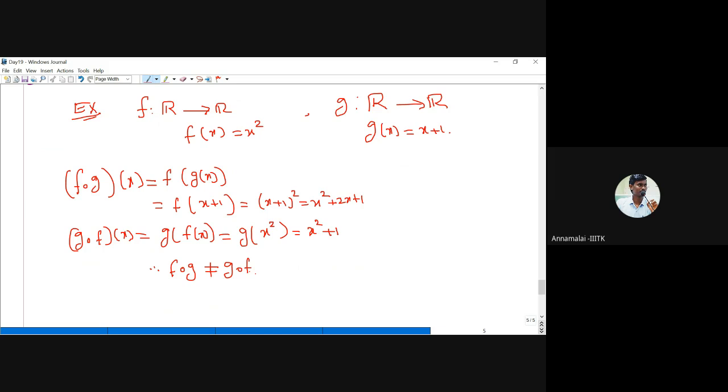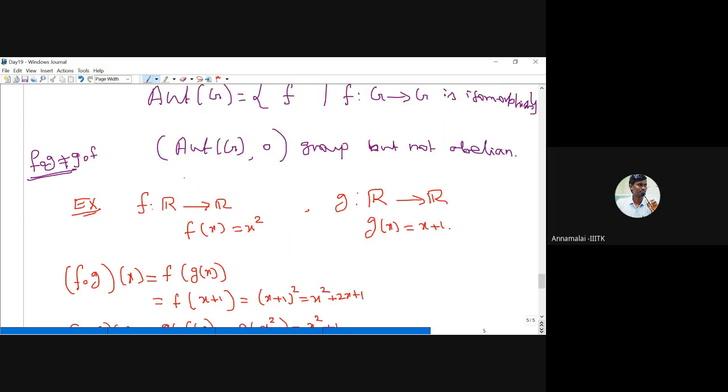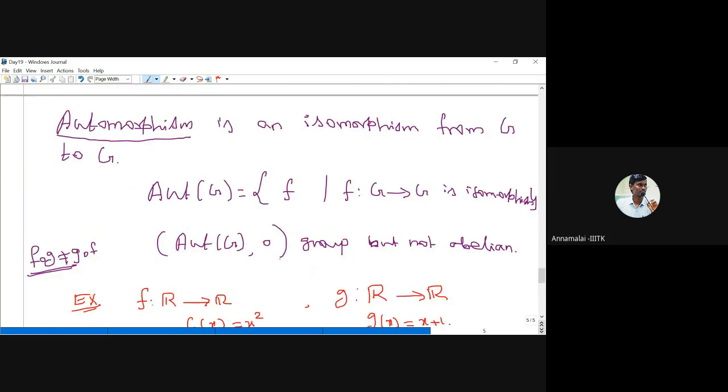Therefore composition need not satisfy the commutative property. So the automorphism set is a collection of bijective functions, not only bijections but isomorphisms, which with respect to composition forms a group but not an abelian one. This is a very important group, the automorphism group of a group.